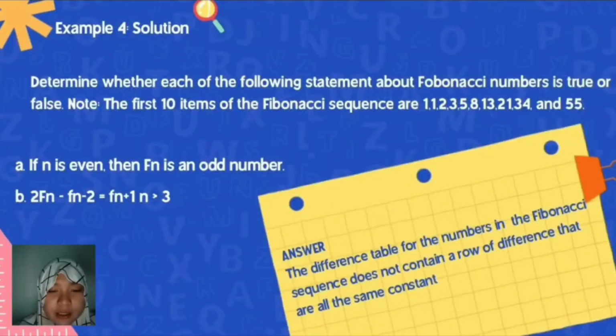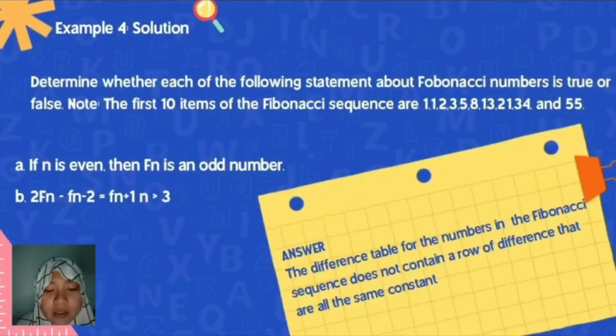It says here, determine whether each of the following statements about Fibonacci numbers is true or false. So, note, the first terms of the Fibonacci sequence are 1, 1, 2, 3, 5, 8, 13, 21, 34, and 55. So, we have here A. If n is even, then Fn is an odd number.